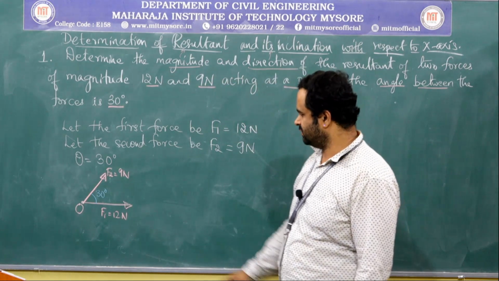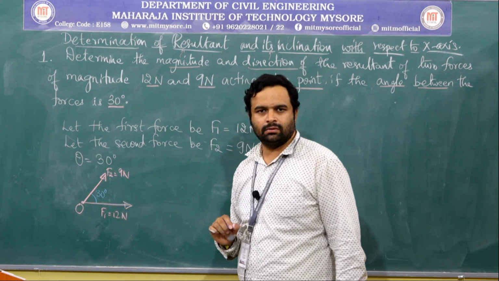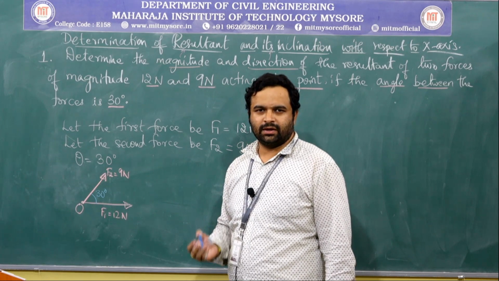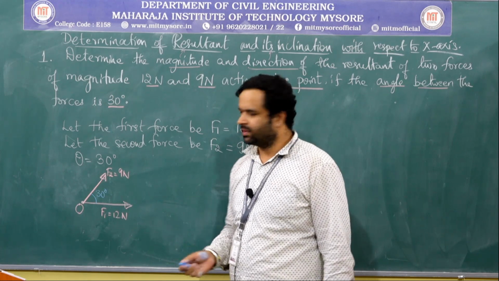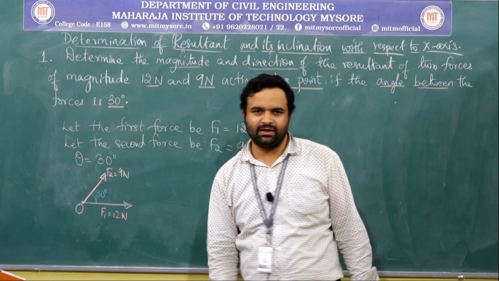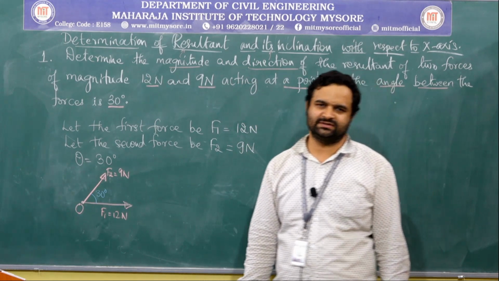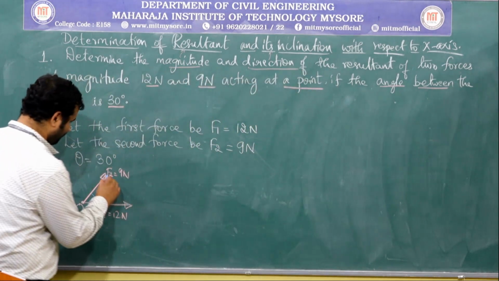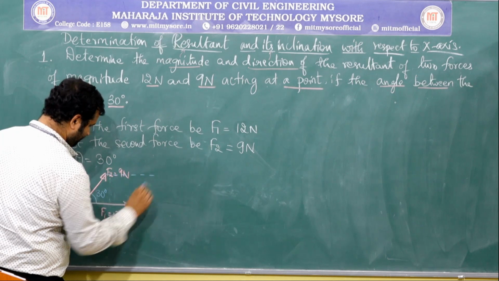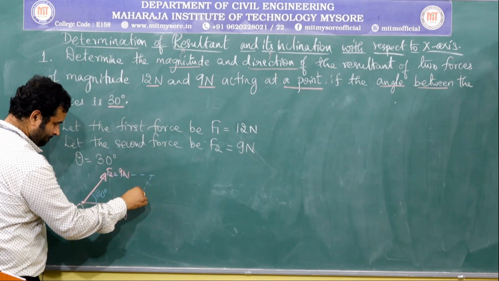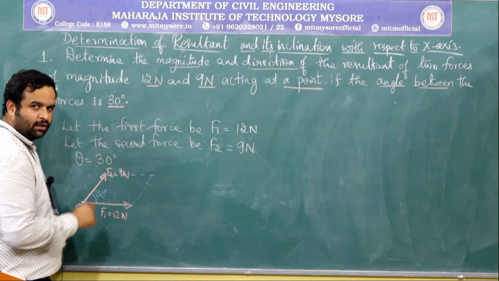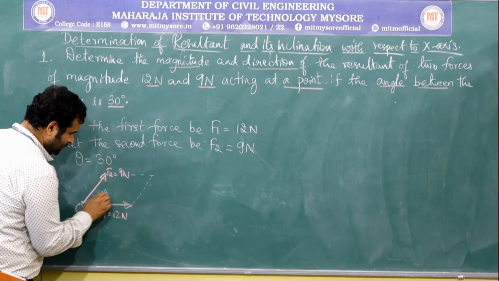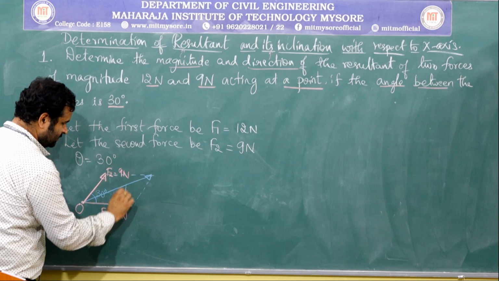Now, please observe this combination of F1 and F2 can be taken to construct a parallelogram. We can easily construct a parallelogram and apply the parallelogram law of forces. Okay? So, now this looks like a parallelogram. After applying the parallelogram law here, we can determine its resultant R, which is nothing but its diagonal.